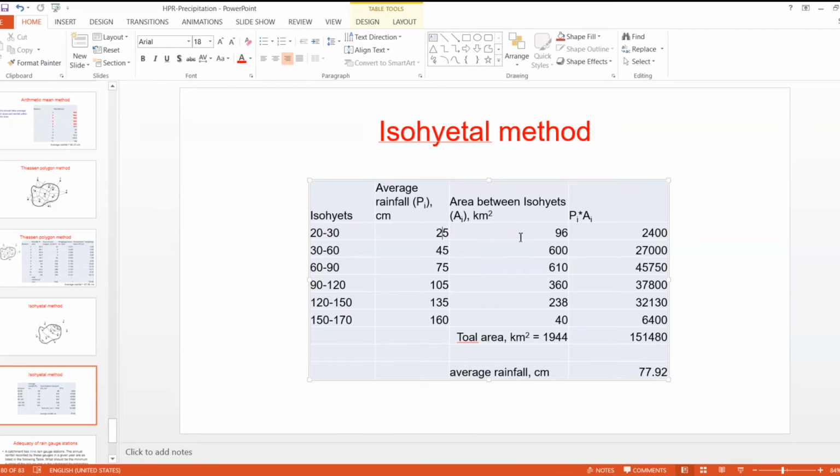So here, the volume of water between isohyets 20 and 30 is given as 2400 kilometer square centimeter.